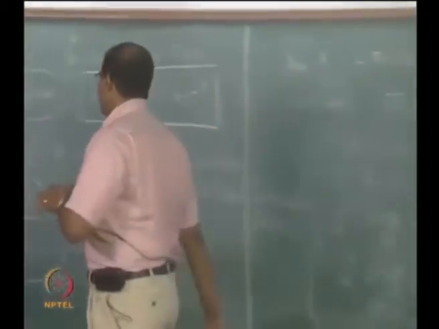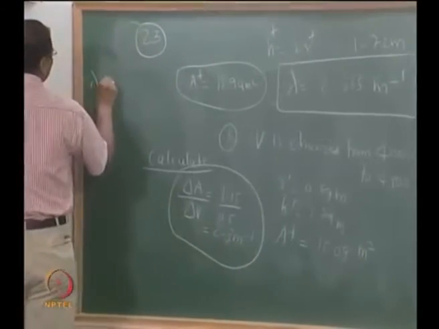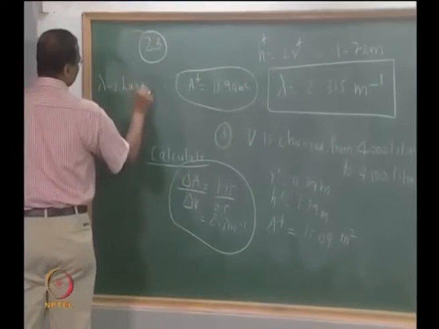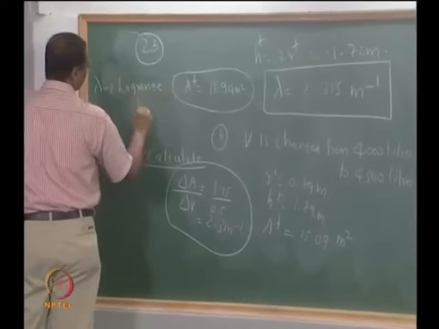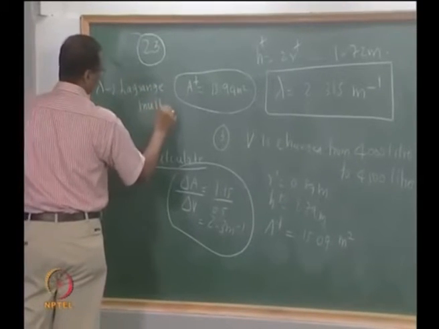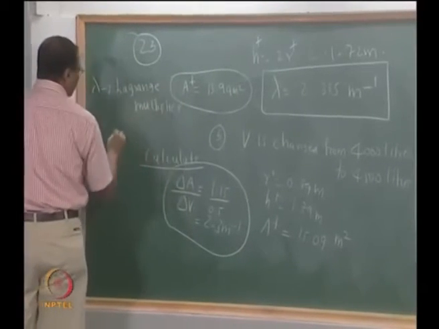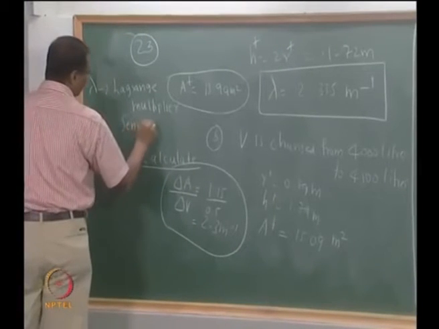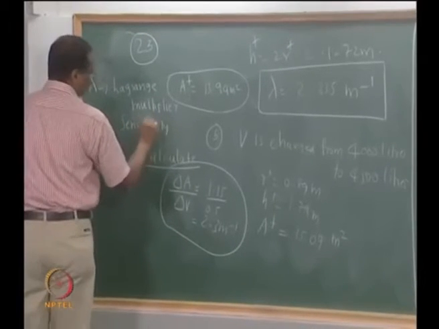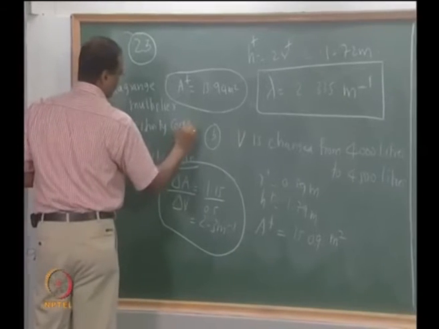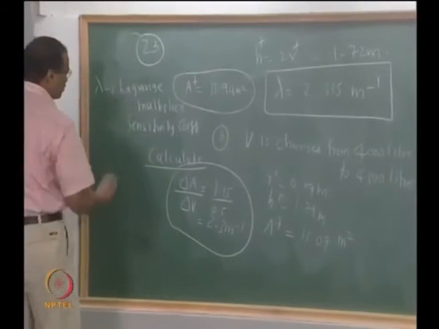Okay. So, lambda is the Lagrange multiplier, it is also called the sensitivity coefficient. It is also called the shadow price.